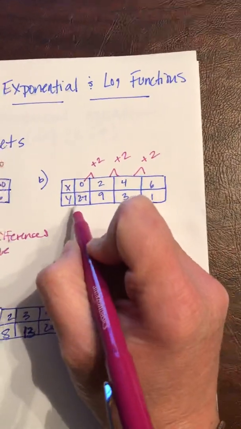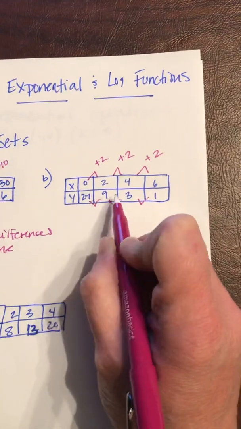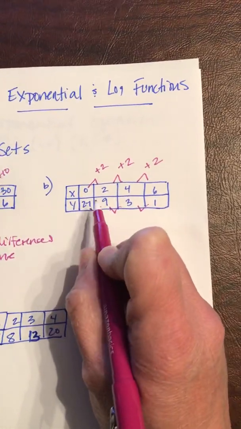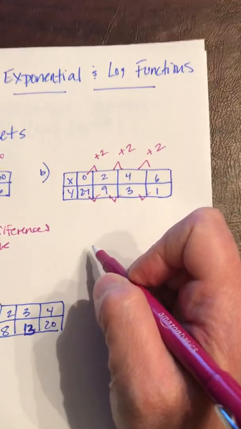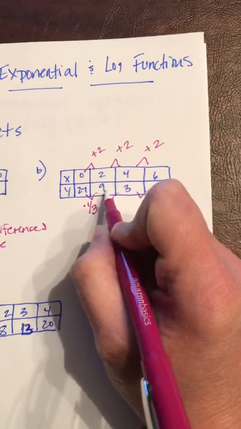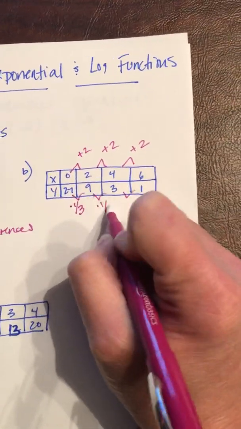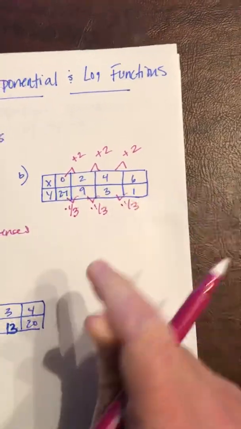Remember, exponential is where you're multiplying by a constant amount. To get from 27 to 9, anytime you're multiplying to get from a bigger number to a smaller number, you should be multiplying by a fraction. In this case, I'm multiplying by 1/3. From 9 to 3, I multiply by 1/3, and from 3 to 1, I multiply by 1/3.